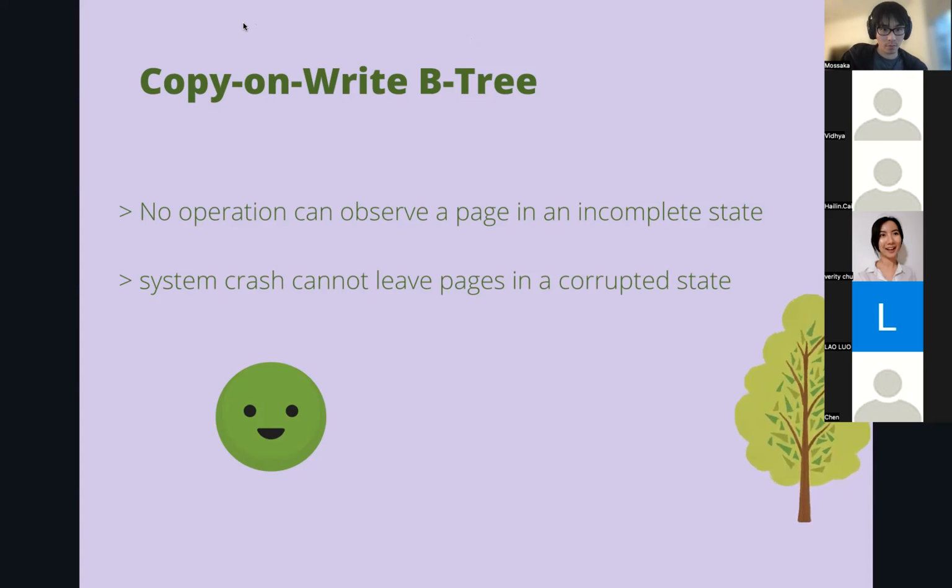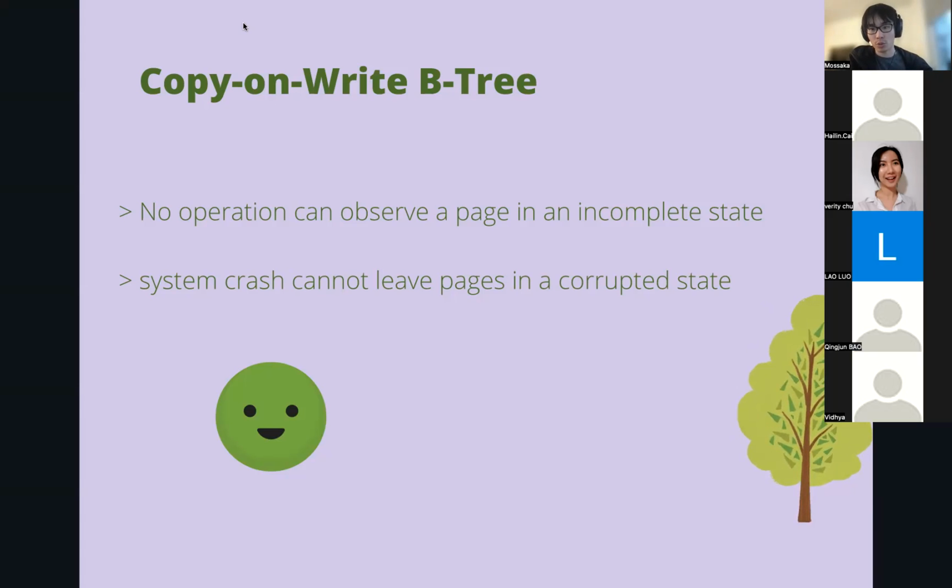Yeah, next. Oh, I have a question here. When you say there is no incomplete state, it means that if one write copies, say, four pages from top to bottom, do you mean they have to be atomically replaced in the original tree so that there is no partial result? Yeah, copy on write emphasizes the three steps.